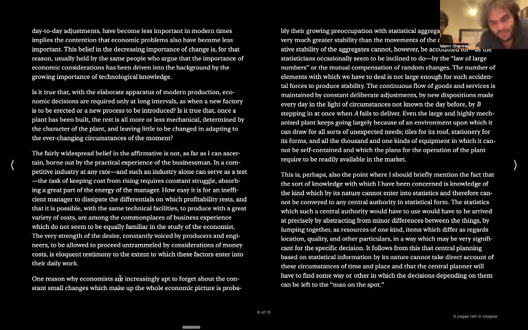One reason why economists are increasingly apt to forget about the constant small changes which make up the whole economic picture is probably their growing preoccupation with statistical aggregates, which show a very much greater stability than the movement of the detail. The comparative stability of the aggregates cannot, however, be accounted for, as the statisticians occasionally seem to be inclined to do, by the law of large numbers or the mutual compensation of random changes.